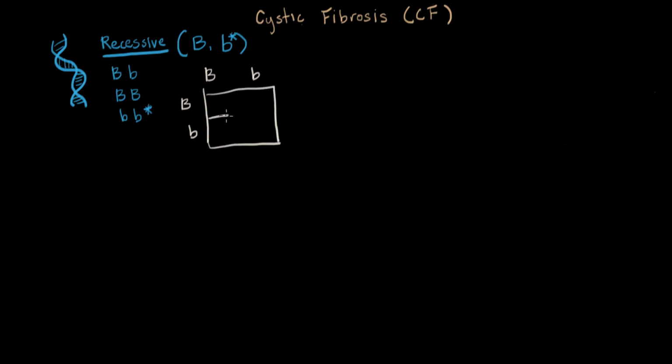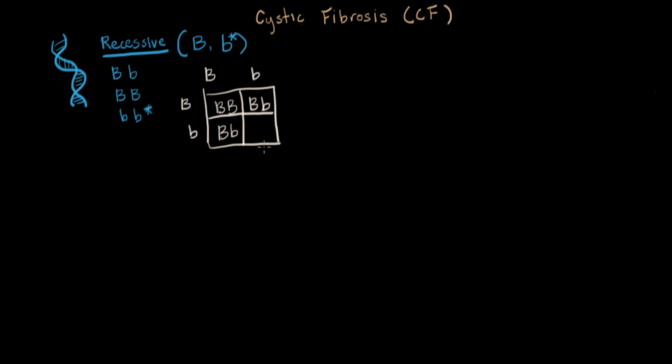And they get together and have kids. So there are four different combinations between their two copies of genes. So for this square, we get big B and big B. Does this person have CF? No, they don't even have the CF gene at all. For this person, they carry the copy, but just like their parents, because they only have one copy, they don't have the disease. And same with child number 3.